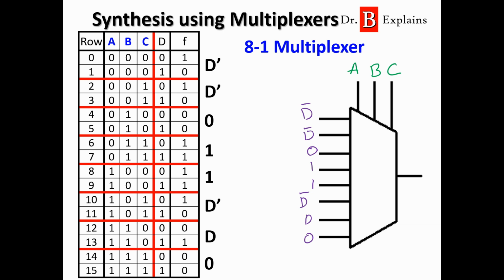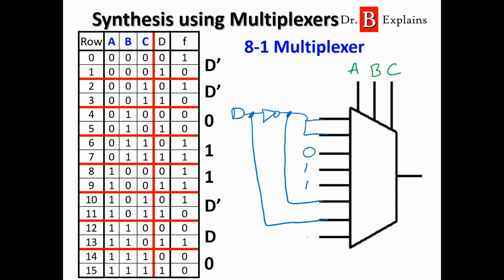You connect A, B, C directly to the select inputs, and then the D to a NOT gate, and that's it, right? So maybe I'll do this one. Let me redraw. There's actually D, variable D.